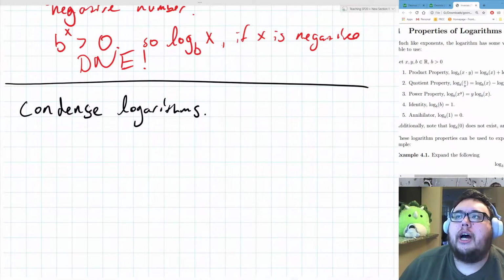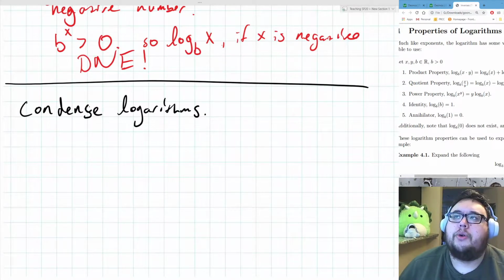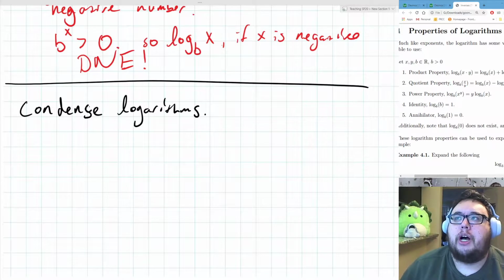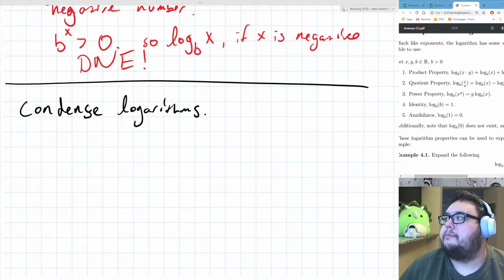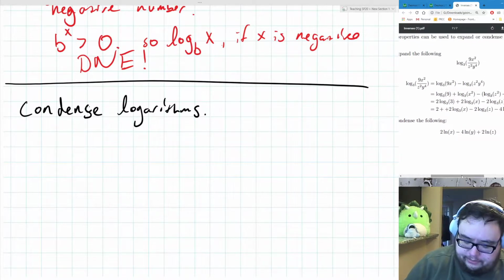Oftentimes, our strategy for solving logarithmic equations is to condense logarithms as much as possible, write them as one logarithm equal to something else, and then rewrite it into exponential form. So let's condense the following.